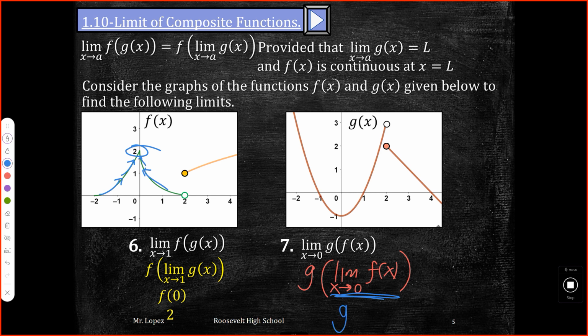So we think about just going g of 2. Evaluating g of 2, we get closer and closer to 2, and we have a problem here. There's a jump discontinuity. We can only apply the rule if both functions are continuous, and the second function is not continuous.